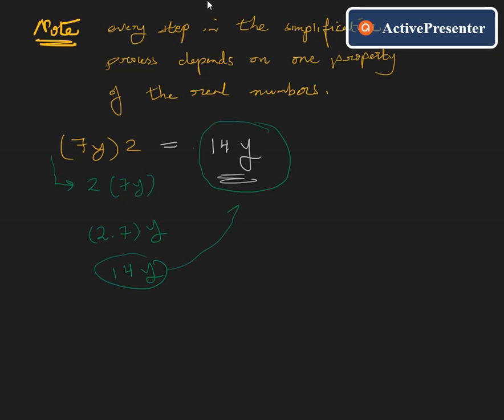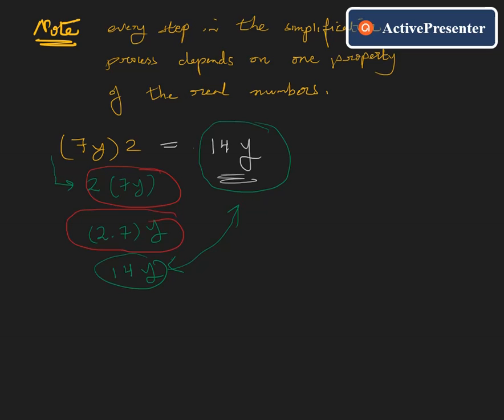So what is this property? This property is known as the commutative property of multiplication, and this property is known as the associative property of multiplication. So every step in the simplification process depends on one property of the real numbers.